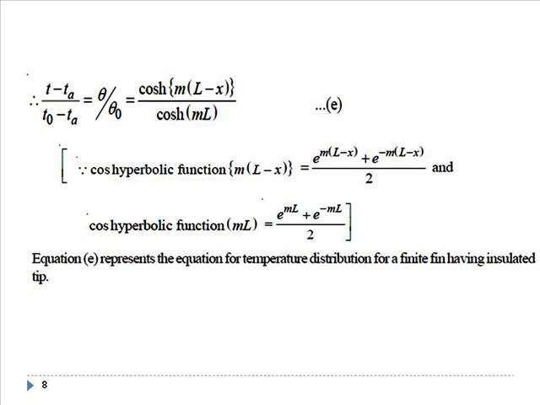So from these two equations available from the maths, we will get the temperature variation in dimensionless form, and that is cosh m(L minus x) divided by cosh(mL), the temperature variation which we will get for the finite length of fin with insulated tip. So friend, I hope this is very much clear to you how this equation is derived, and this will be helpful to us when we are going to solve problems related to industry or real life.